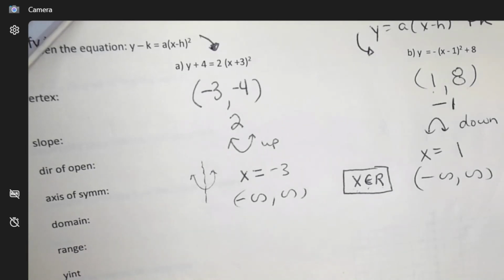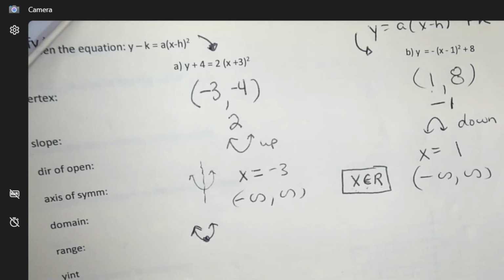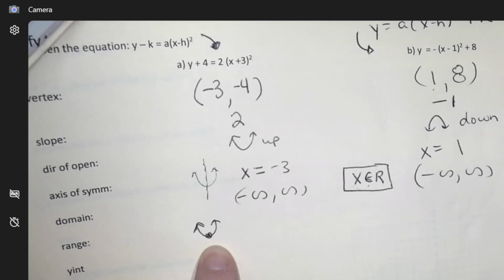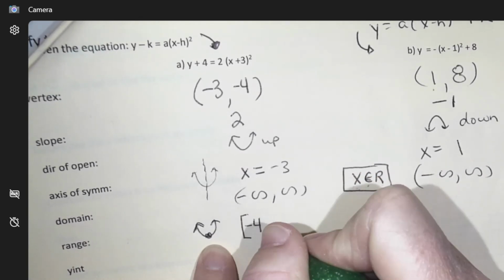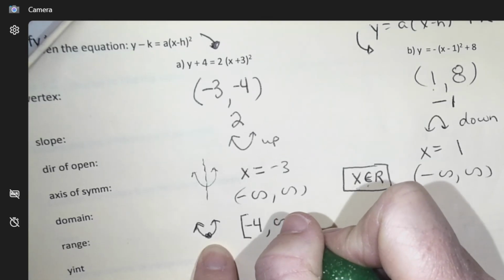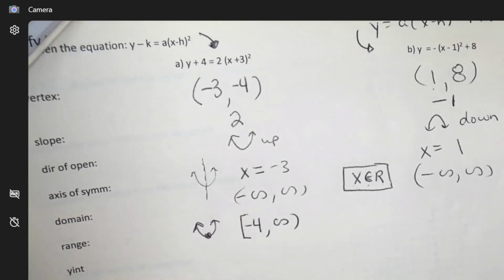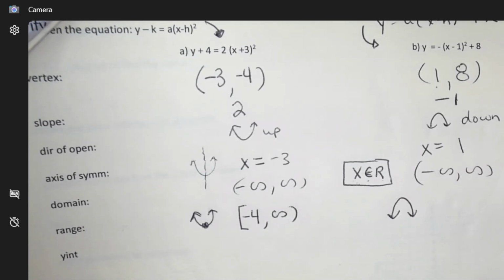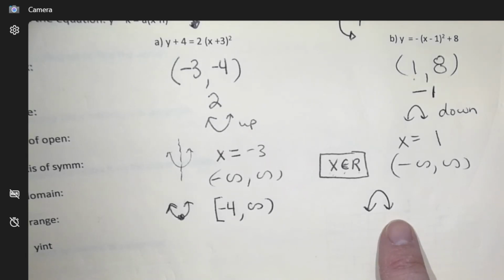Okay, range. So I'm going to just draw my little sketch here. This one opens upward. So the range is some kind of bottom value, bottom height, and then up. Bottom height, but then up forever. Okay, this one's different because we flipped it, remembering that.